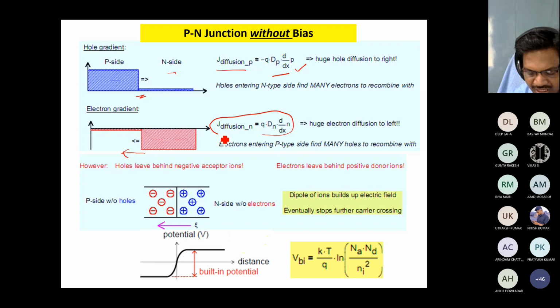This is the diffusion current density due to holes, and this is for electrons. Huge holes will be diffused towards the n side, and huge electrons will be diffused from n to p side. Is it clear?